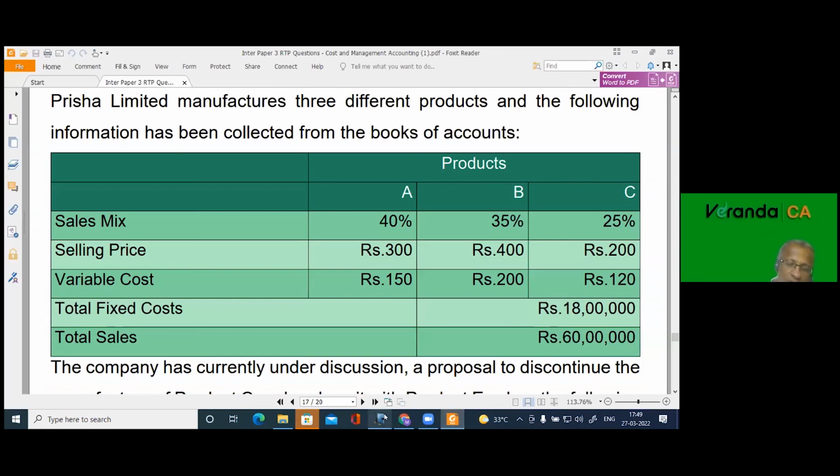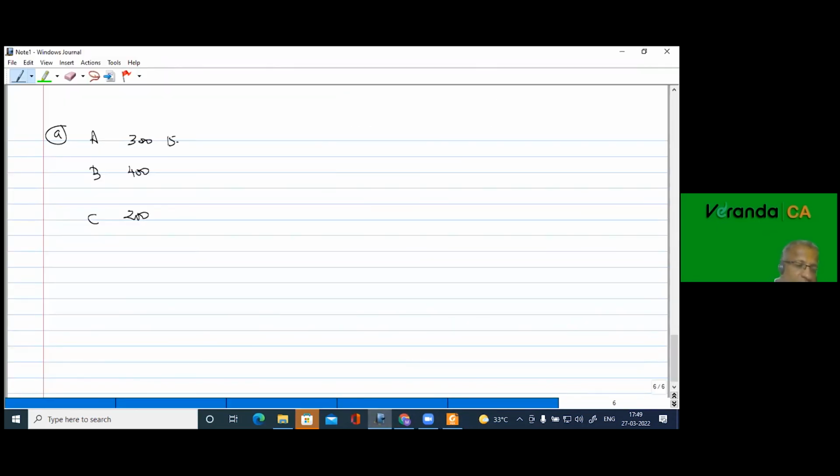Then variable cost 150, 200, and 120. So the contribution is 150, 200, and 80. What is the PV ratio? 50%, 50%, and 40%.